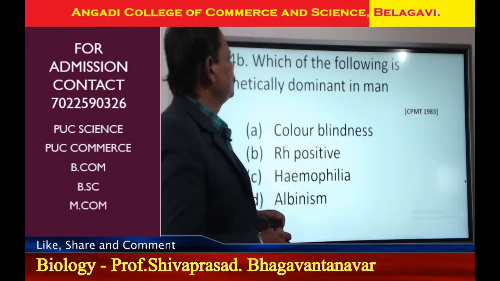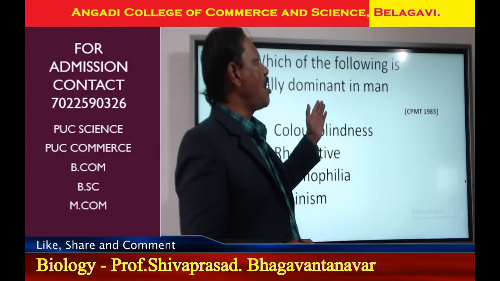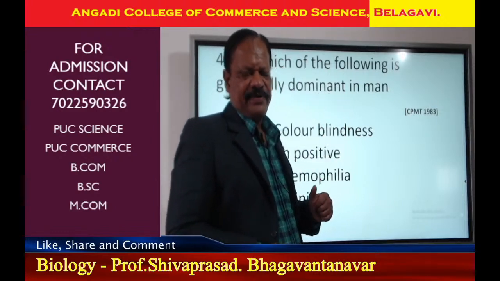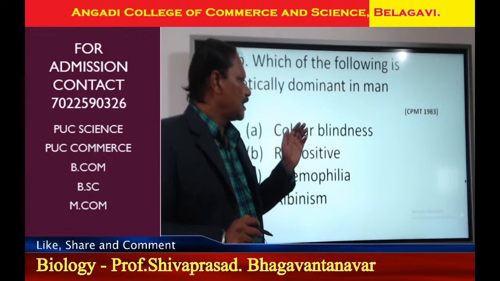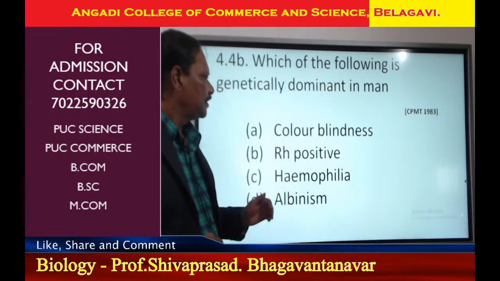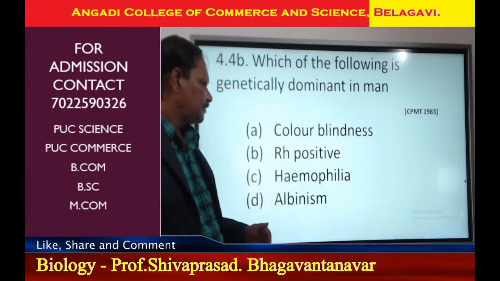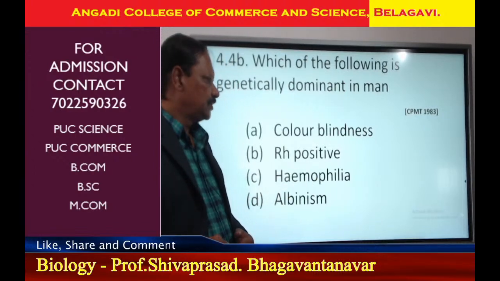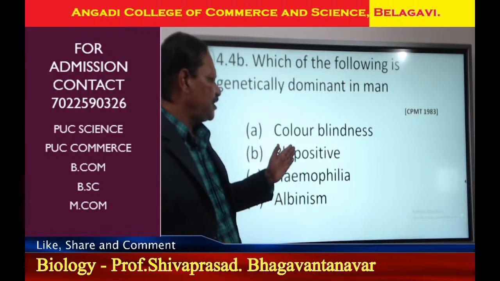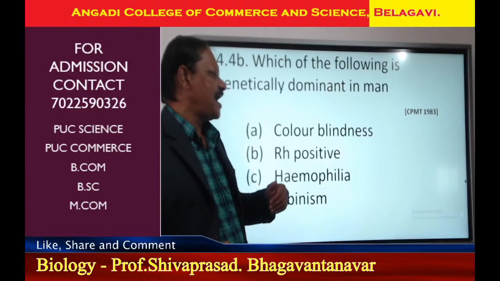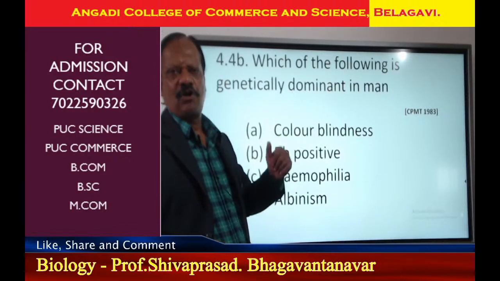See here, which of the following is genetically dominant in man? See the options. Color blindness, Rh positive, hemophilia, then albinism. So here albinism, hemophilia and color blindness, what you people are observing, these are the disorders.